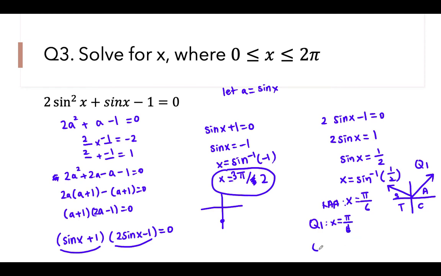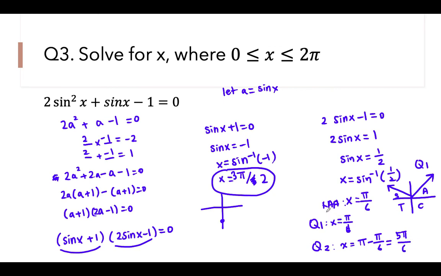And for my quadrant 2, you've got to use the formula x is equal to pi minus theta, which is pi over 6, my related acute. And that will give me 5 pi over 6.